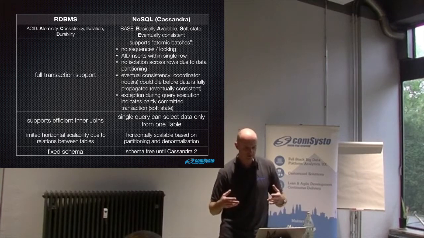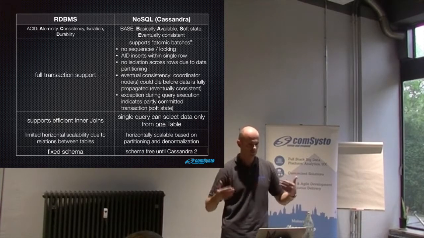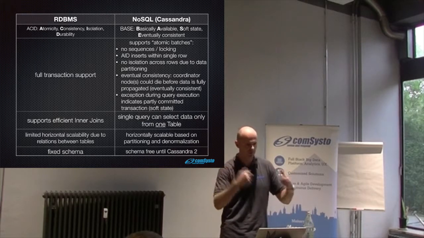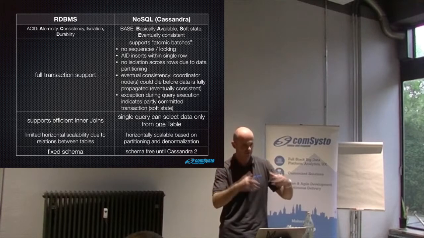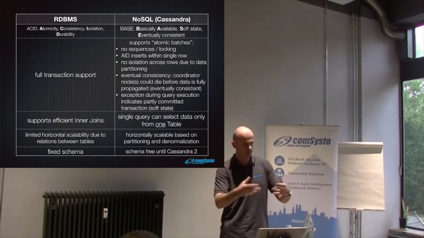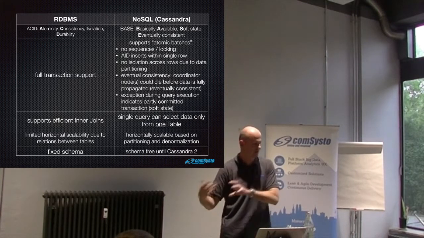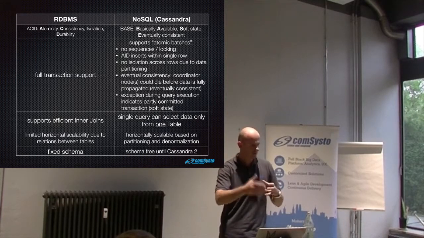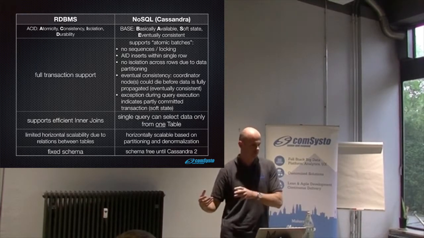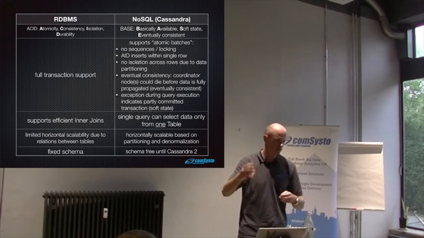For example, what you have to do, never read your own writes, which means if you are executing some insert into the database, you have to be optimistic. You have to think, okay, it will propagate. And you have this data on the client, which you have inserted into the database, because the database won't modify this data. So you can keep working with this data that you have on the client. So actually you don't have to wait for the response from the database, just send it, and even if you get an exception, keep working. Just give the message to the customer, wait a few seconds, the data will show up.